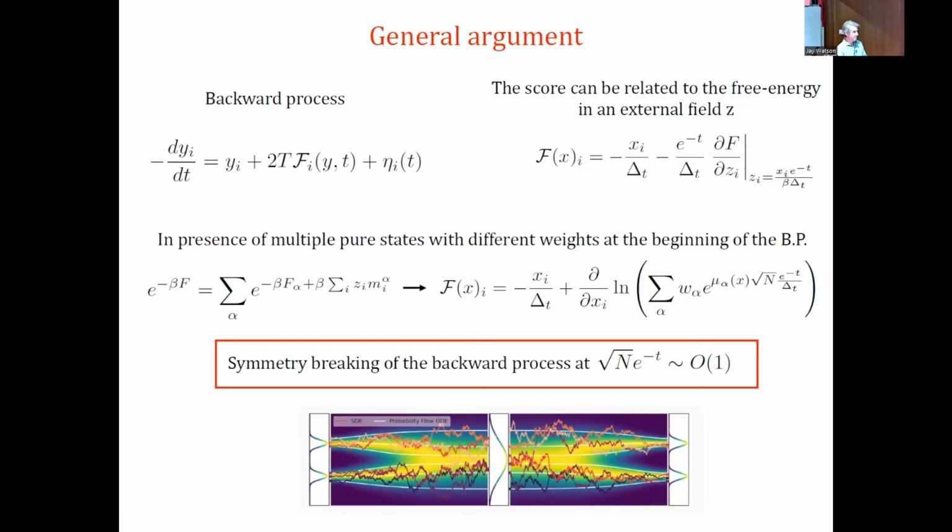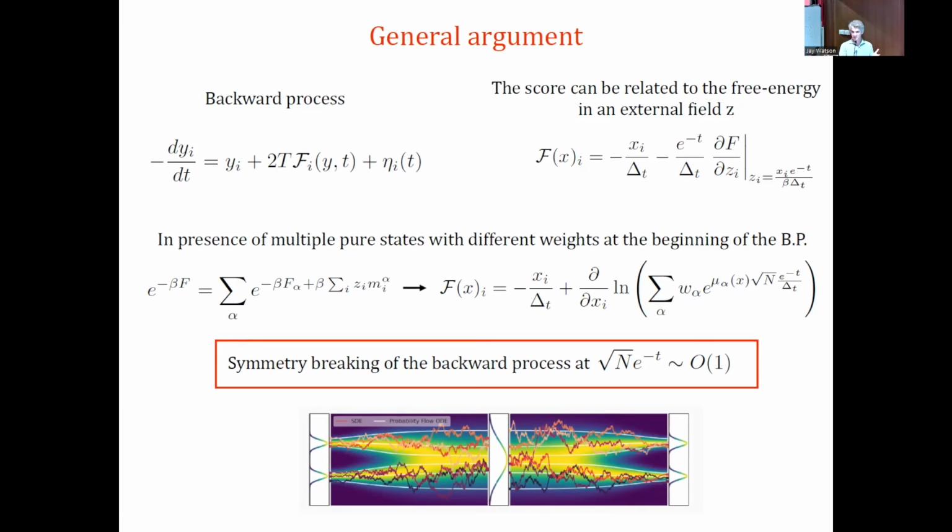So this is the free energy as a function of the field. If you know the distribution at the beginning, then you compute the free energy as a function of the external magnetic field. If you know this free energy, then you know the score. And what you have to do is take the derivative of the free energy and evaluate it with an external magnetic field, which is just equal to x exponential minus t divided by the variance.